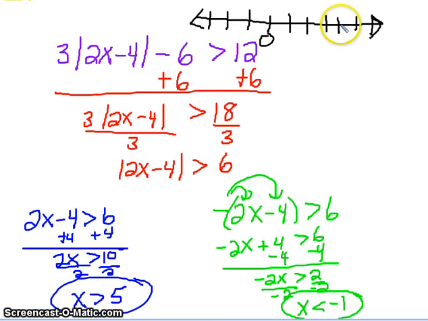Open circle and greater than. So we're going to the right. X is less than negative 1. So open circle and less than. So since it's a greater than, or, we split in the opposite direction.